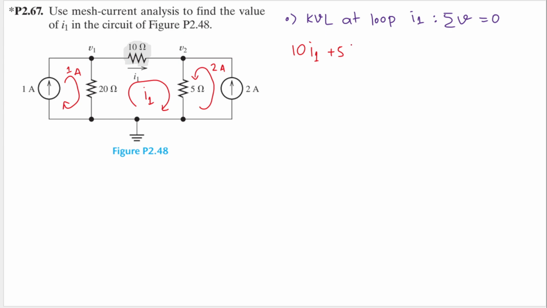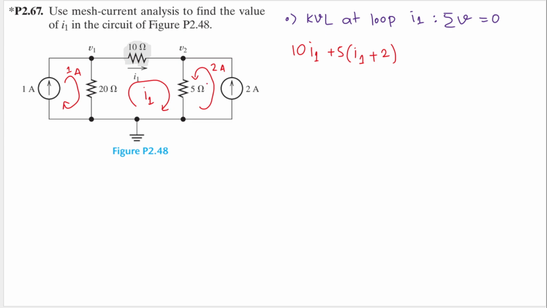So we will have I1 here, but there is also this 2 ampere current that passes through this 5 ohm resistor. The direction here is the same as I1, so the sign will be positive. So I will have plus 2 ampere, because I1 and 2 ampere are flowing in the same direction, which is downward.